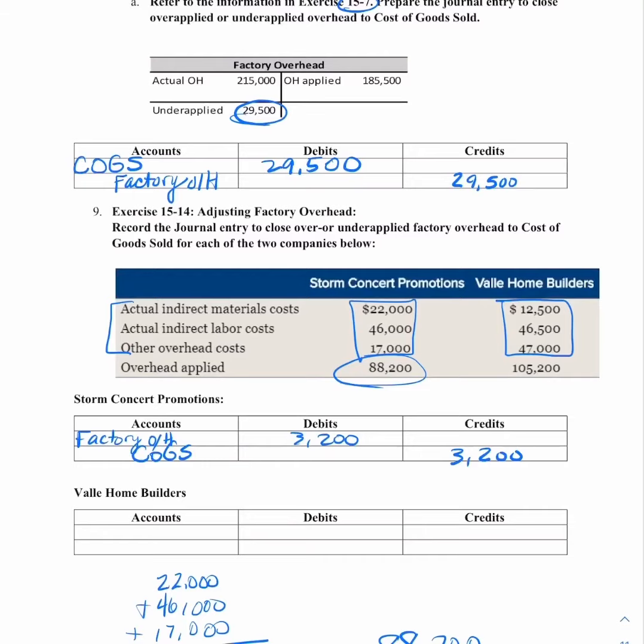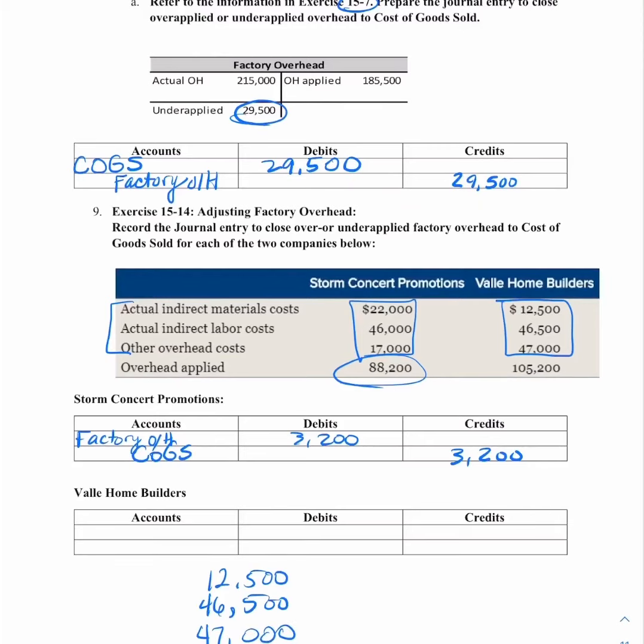Now on the other side of this, so I'm just going to erase all this down here at the bottom. We're going to go again for the other company. We have actual indirect materials, 12,500, 46,500 for actual indirect labor, and 47,000 for other overhead costs.